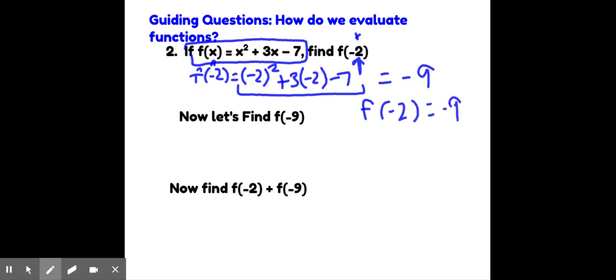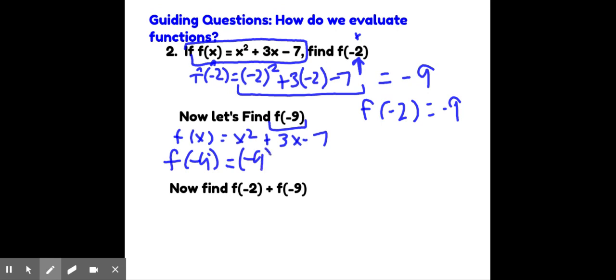So now the next part says find f of negative 9. That just means now using that same function, f of x is equal to x squared plus 3x minus 7, we want to replace all the x's with negative 9 now. So I'm going to replace all the x's with negative 9, and I'm going to plug that in my calculator.